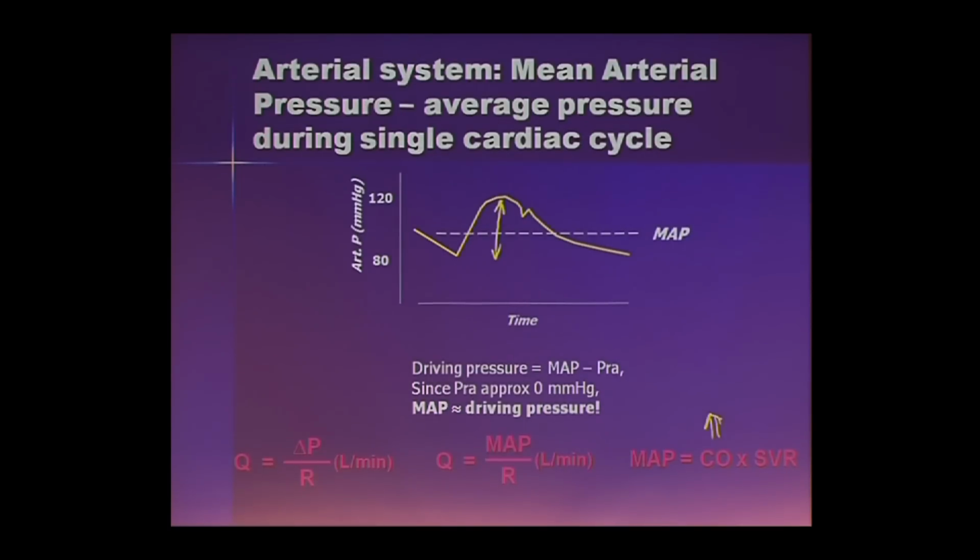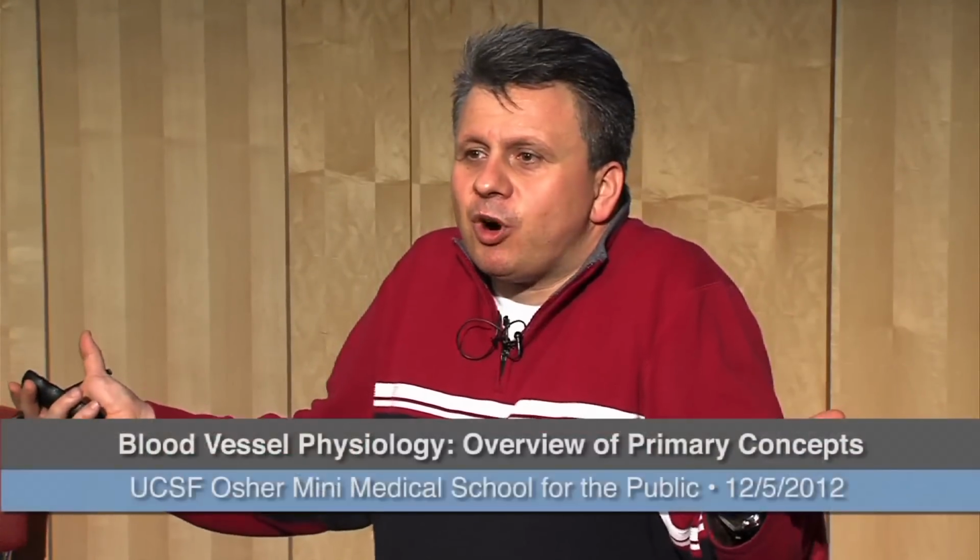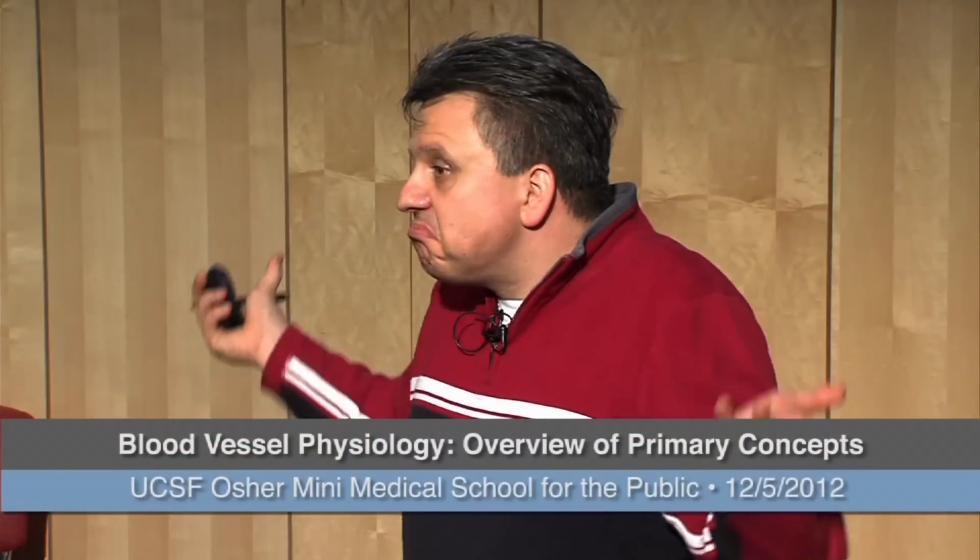and CO is a special kind of flow. Mark mentioned that flow moments ago. It's cardiac output. How do we measure flow, guys? Some unit of volume over some unit of time.